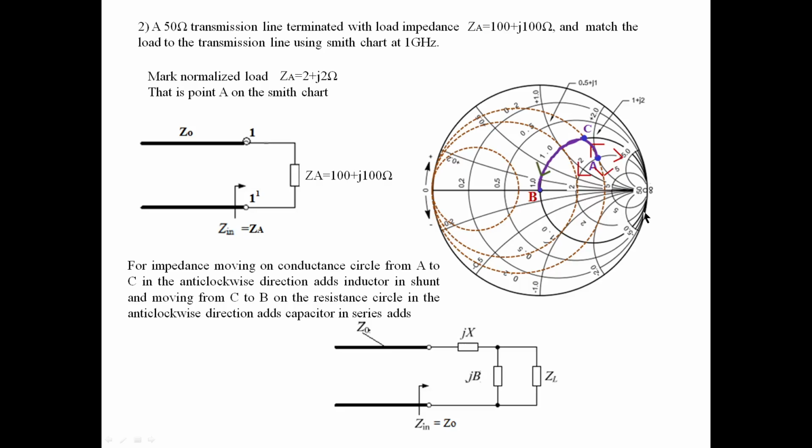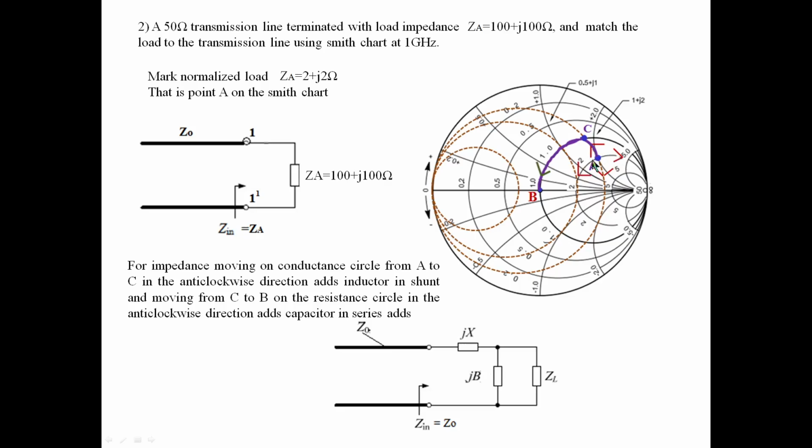So what you should do is think about the nearest path, in which way you have to move. From the load point, first you reach the R is equal to 1 circle. Once we reach the R is equal to 1 circle, wherever the load point is, first you reach the R is equal to 1 circle, moving over either a conductance circle or a resistance circle.